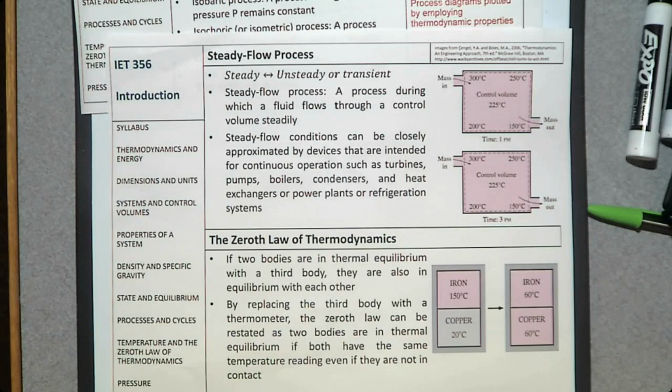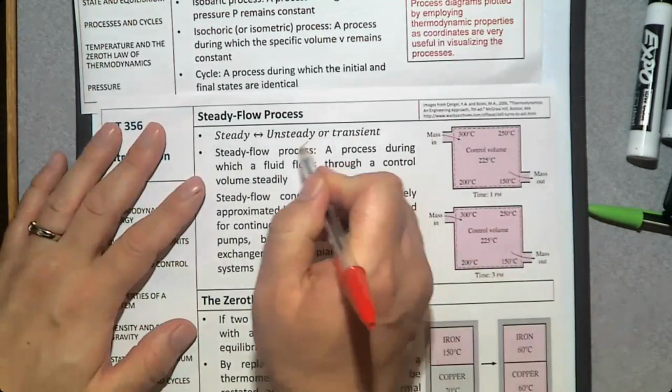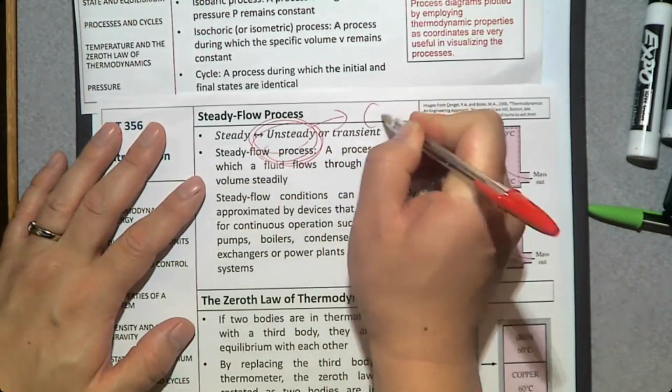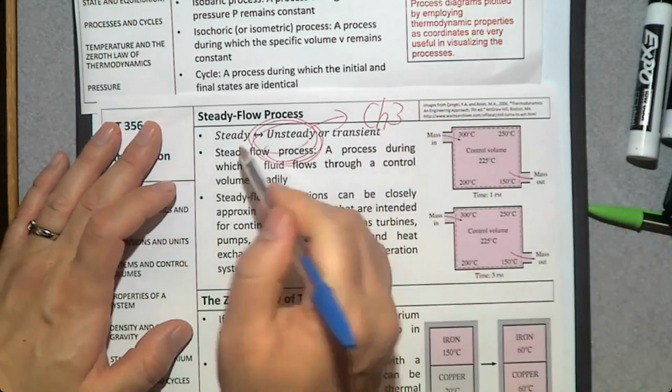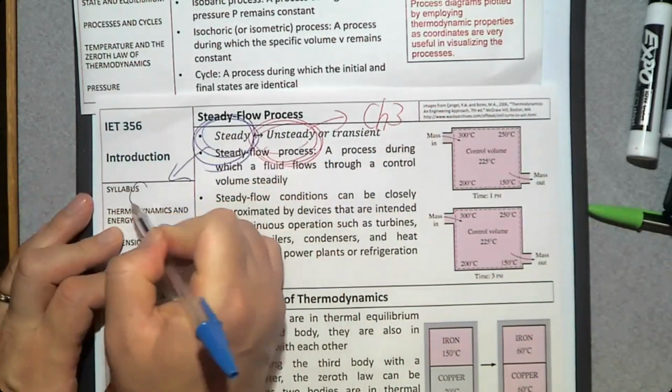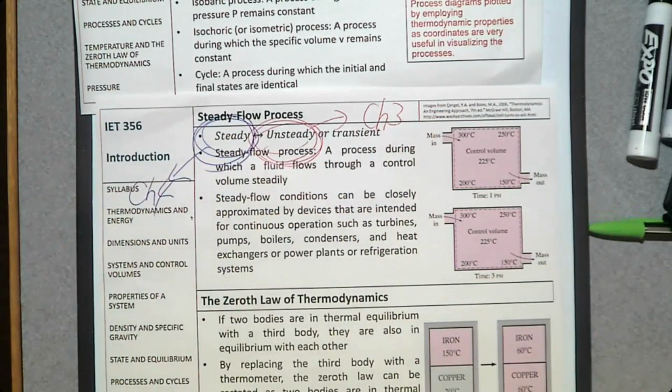Both of them. We are going to study unsteady process first in chapter 3, and then study steady process later in chapter 4. To be more specific, in chapter 3, we are going to study unsteady closed systems. In chapter 4, we are going to study steady open systems.